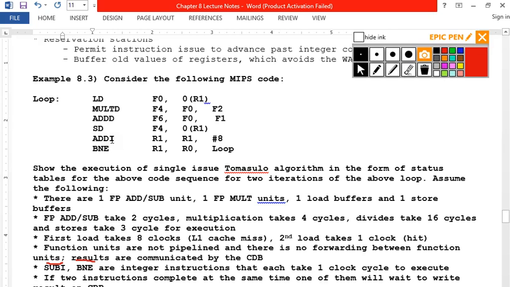The add D is a floating point instruction, meaning it would use this floating point unit. And this add I is an integer instruction, which is using something different entirely.